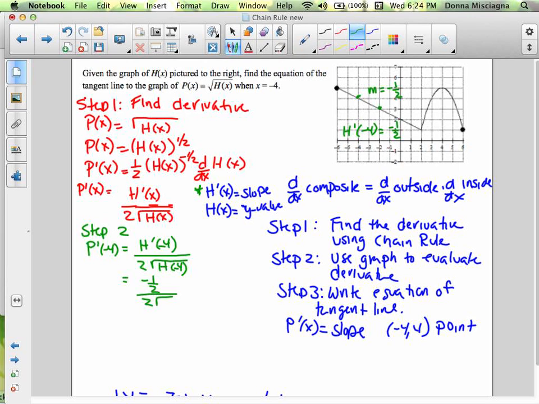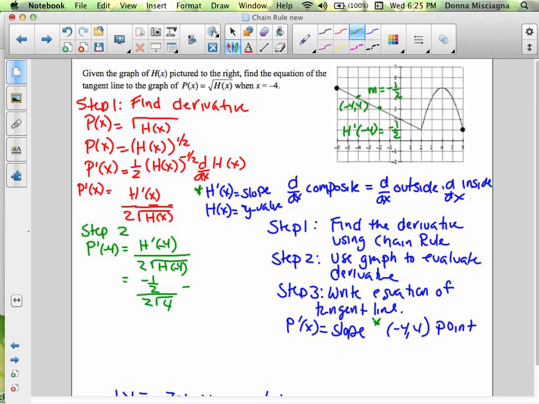So now let's find the value of h of -4. That is right there. It is negative 4, 4. Actually, I wrote it down right here. When we plug negative 4 in, 4 comes out. So now we're going to simplify this.